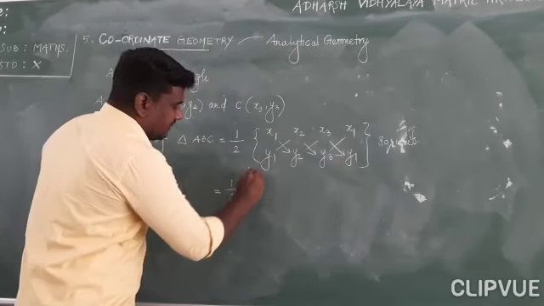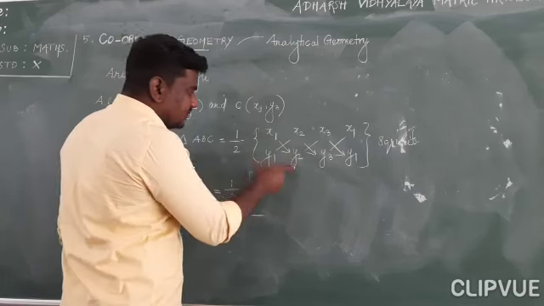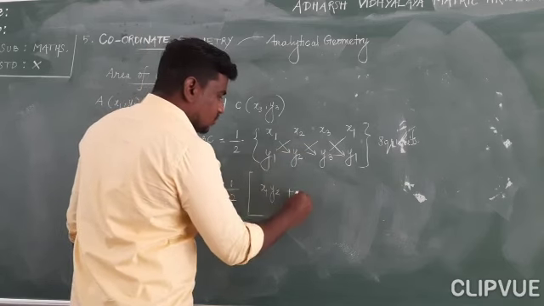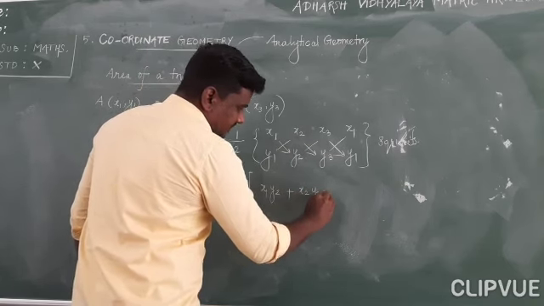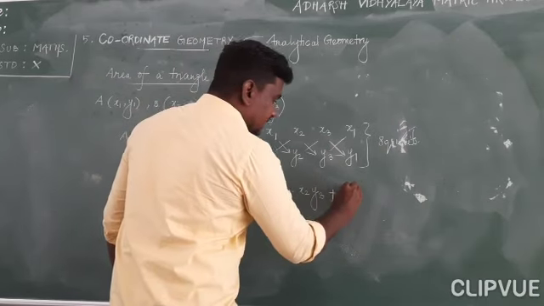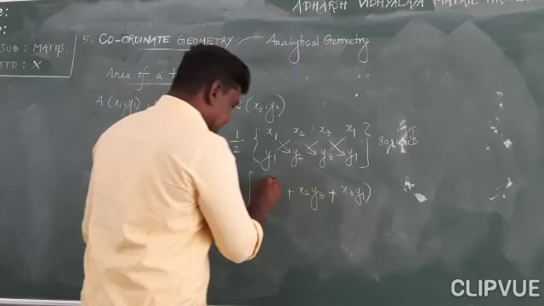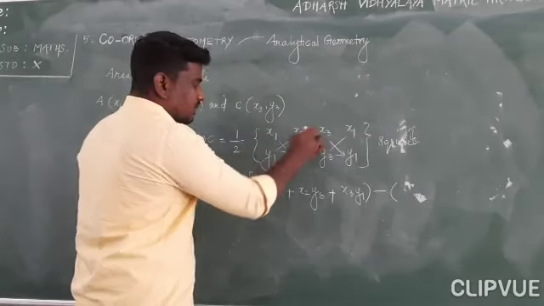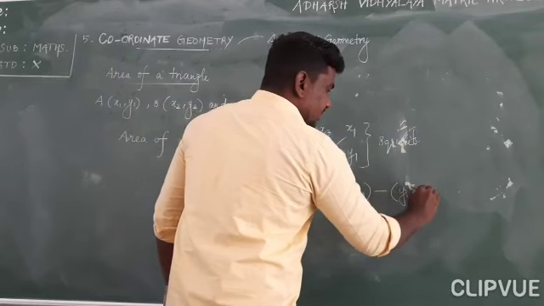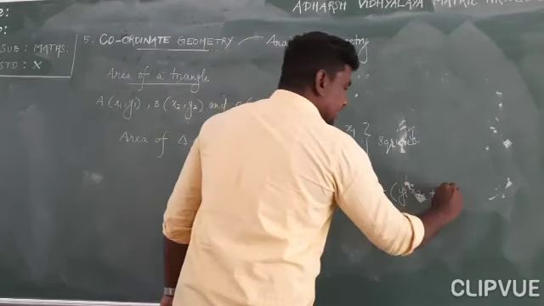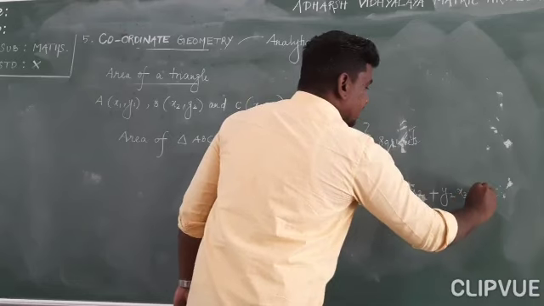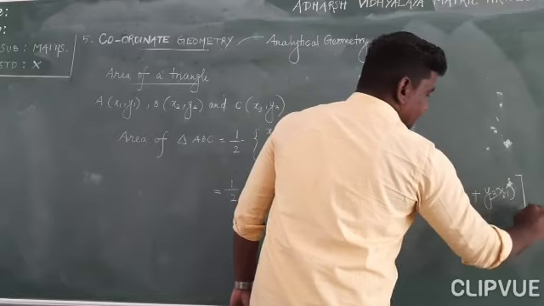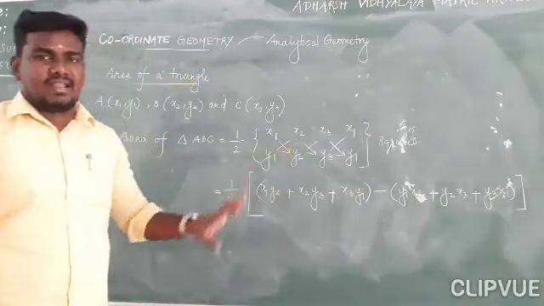So half into (x1y2 plus x2y3 plus x3y1) bracket, minus, towards up: first y1x2 plus y2x3 plus y3x1. This is the easiest way to find the area of the triangle.